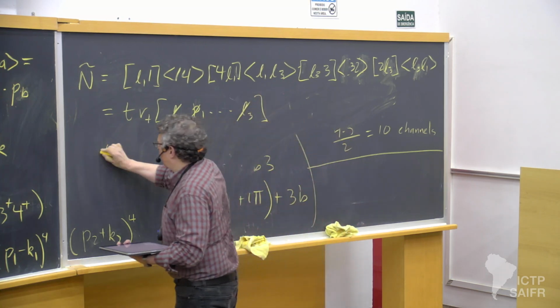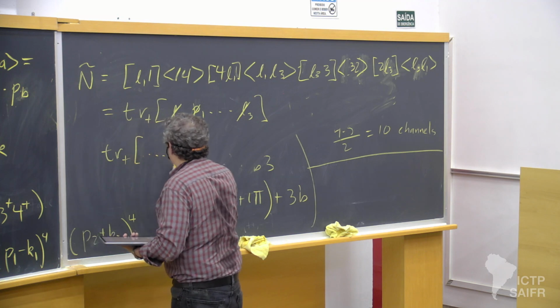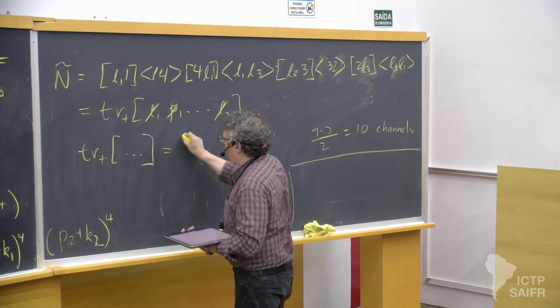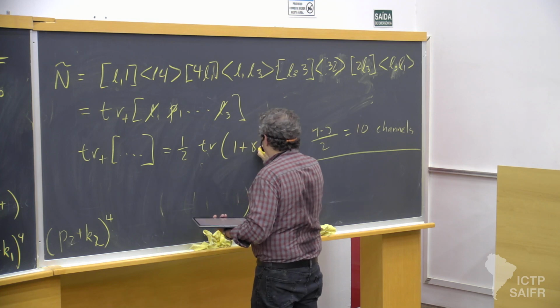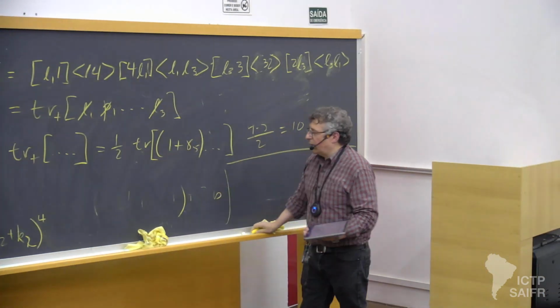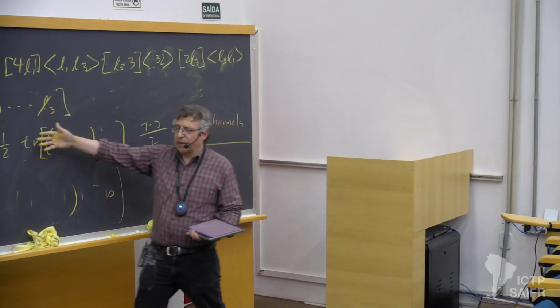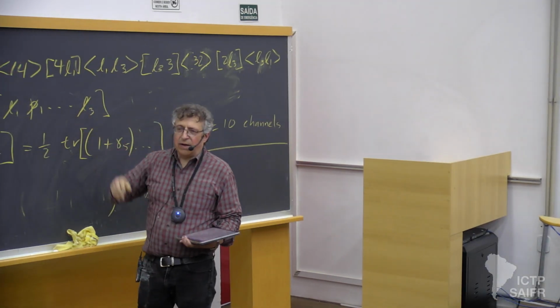And this trace plus is defined to be, let's say trace plus of something is defined to be 1/2 of trace 1 plus gamma 5 with whatever is there. So it's an ordinary type of object you've encountered when you're thinking about fermions. Okay, and this looks a little daunting, but you'll see it's very easy to evaluate.